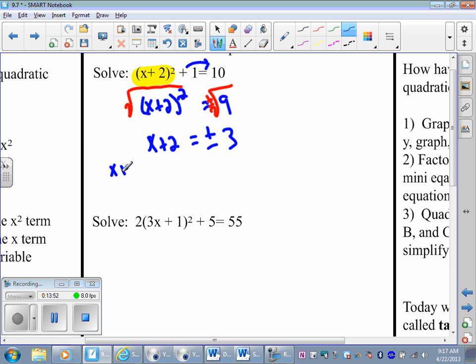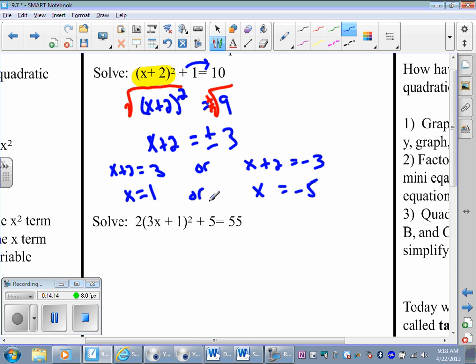Either x plus 2 equals 3, or x plus 2 equals negative 3. And then I just solve those, which are pretty easy to solve. They're both linear equations. Here, subtract 2, x equals 1. Or here, subtract 2, x equals negative 5.